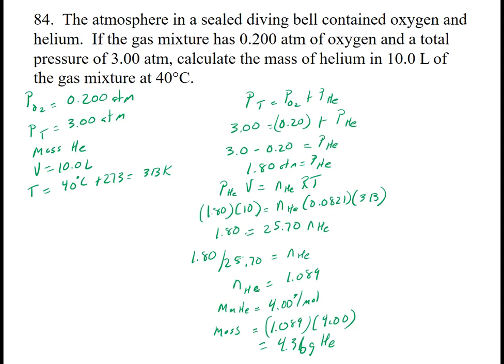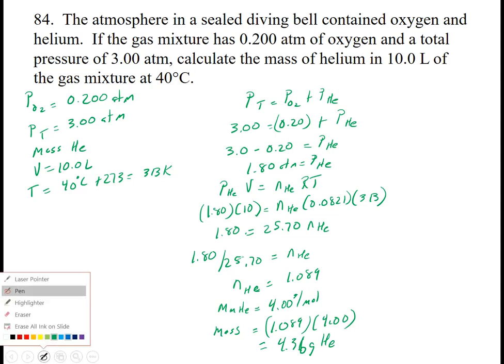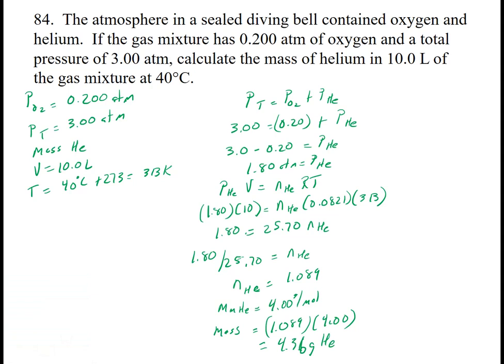You can also do it using the mole fraction formula, but I'm not necessarily going to show you that. I guess I can show you that. So we know that the N of helium over N total is the pressure of helium over the total pressure.